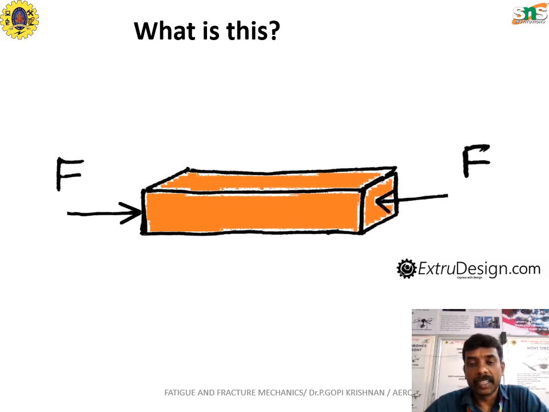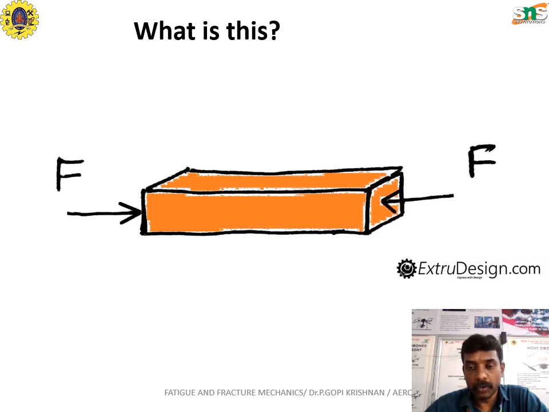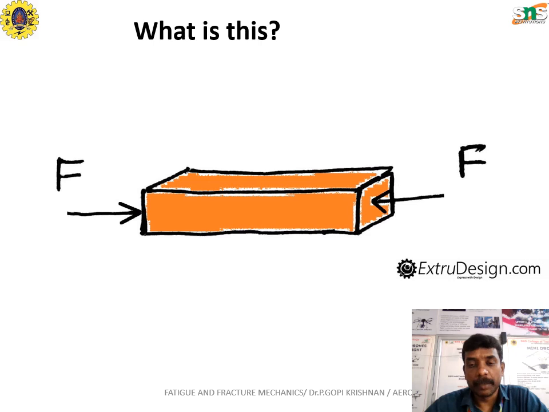The forces act in a single line but in the opposite direction, and there are two forces acting over the given component. When the load is applied over the given component in terms of force, the component gets compressed. When the component is compressed in this way, the nature of the application of force can be called compressive forces.